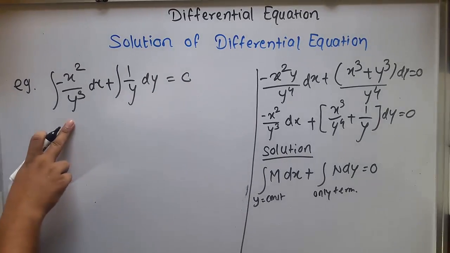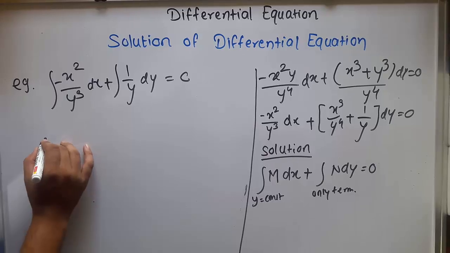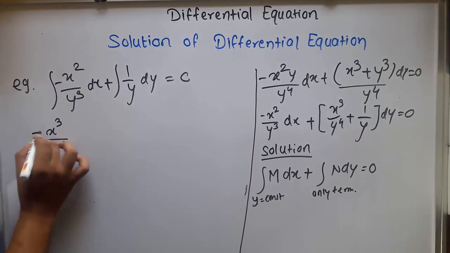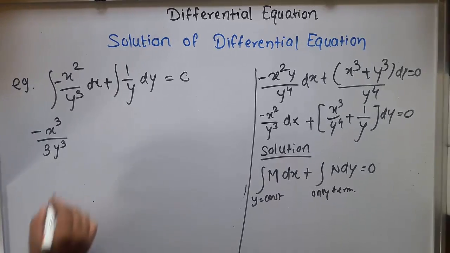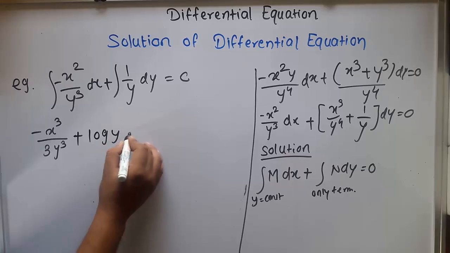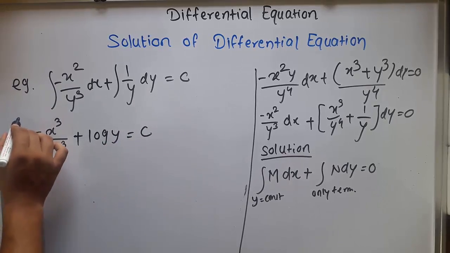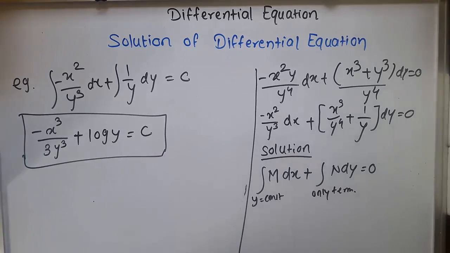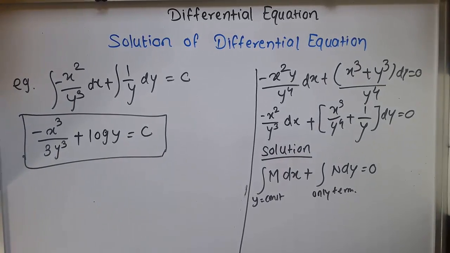So here y cube is constant, integration becomes x cube upon 3 y cube, minus sign as it is, plus 1 by y is log y equal to c. So this is our solution of the non-exact differential equation by using rule first.